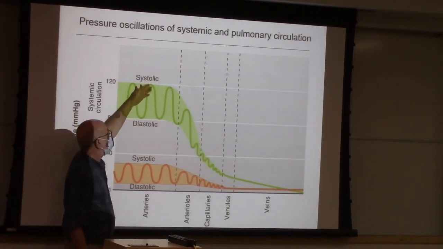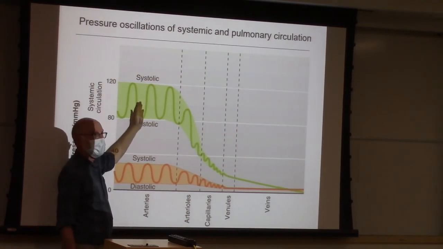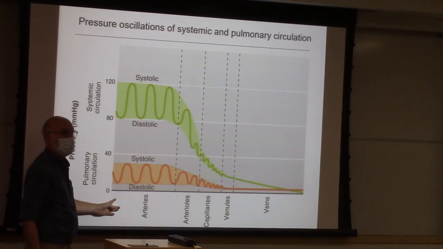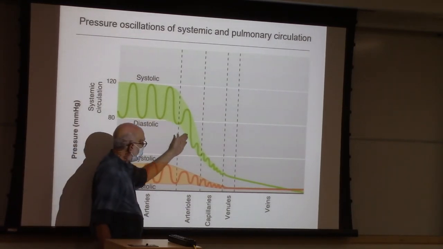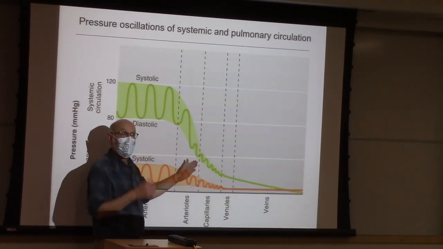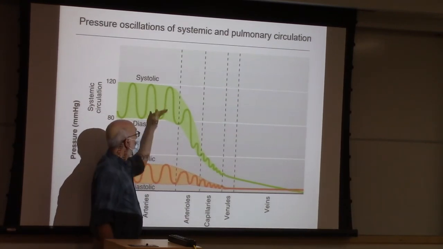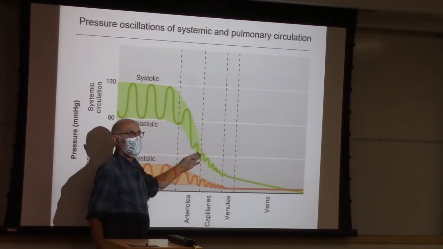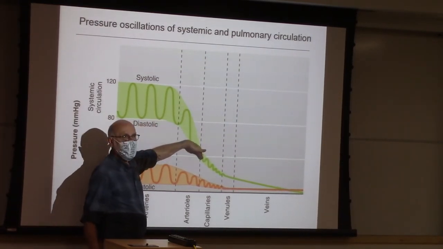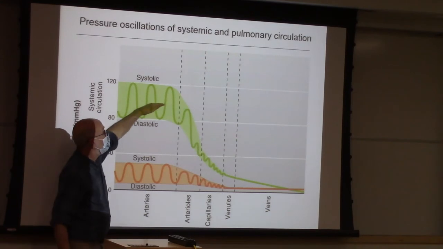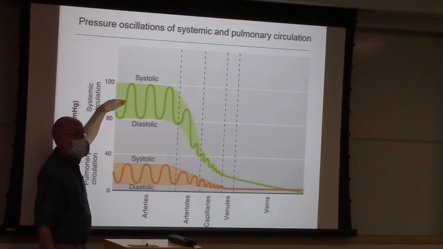Systolic, diastolic, systolic, diastolic. Each of these is a heartbeat. This is what's happening in the arteries. As we move the blood through the arterioles, remember the arterioles are where the resistance is. And so, we're still getting oscillations, but on average, the pressure is dropping over the arterioles because of resistance. There's not very much resistance in the major arteries.